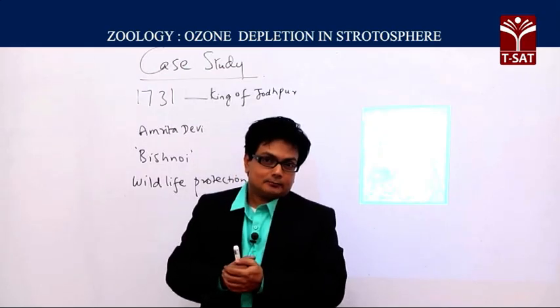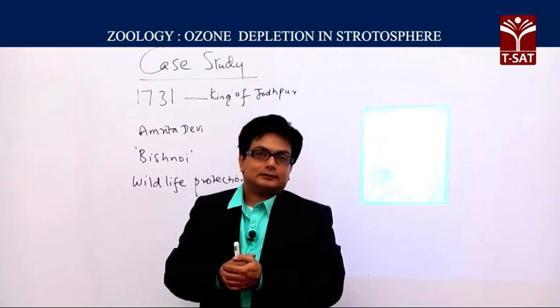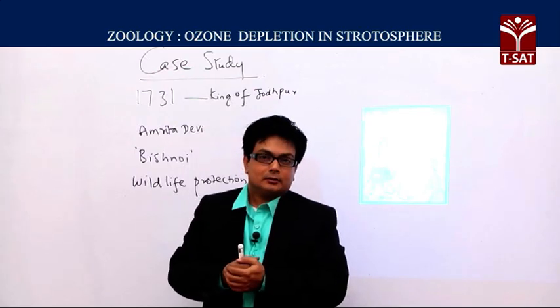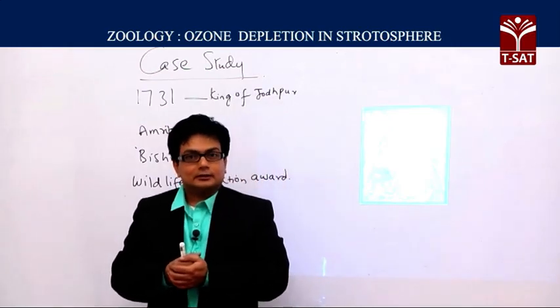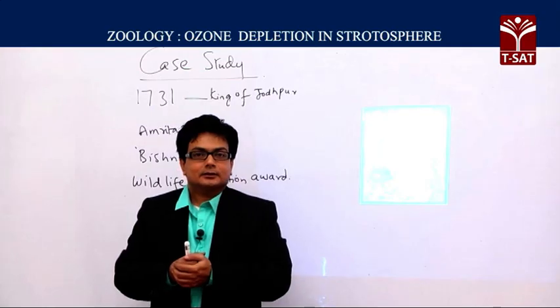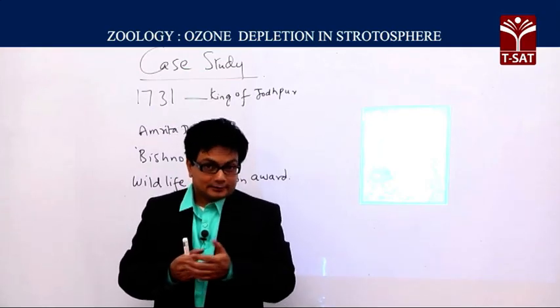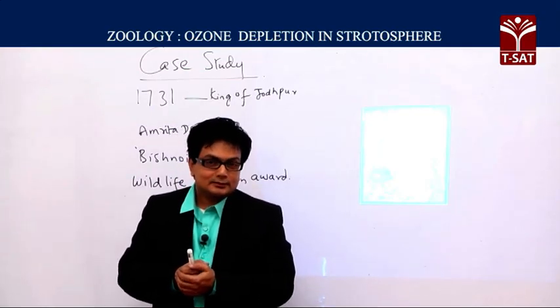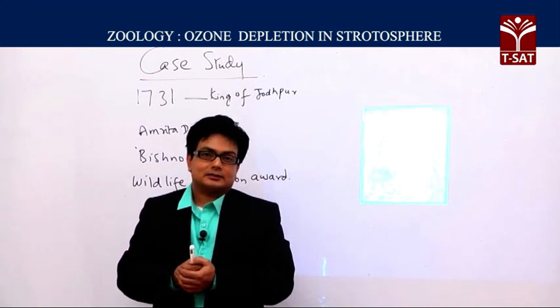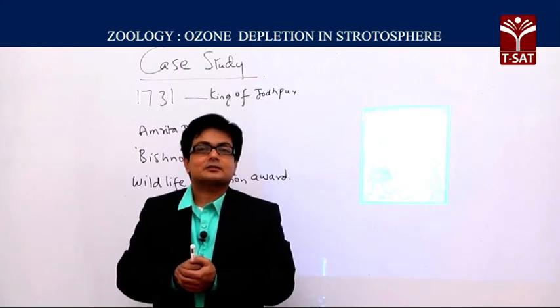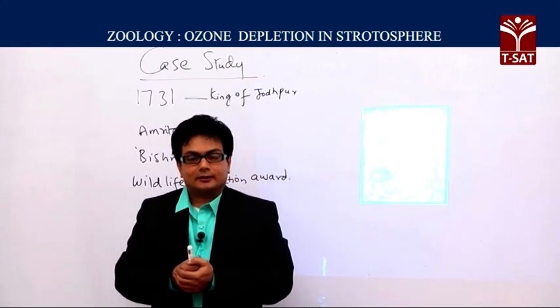The lady by name Amrita Devi, belonging to the Vaishnav community, showed exemplary courage in stopping this deforestation or cutting down of trees. She was ready to sacrifice her life to protect these magnificent creatures of the earth.